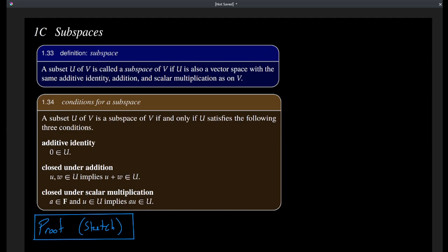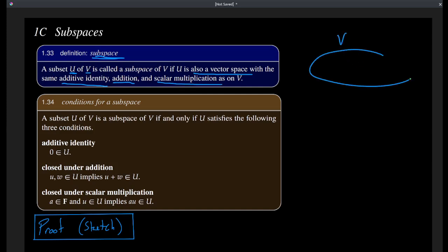So the first definition is a subspace. A subspace is a subset of a vector space that is also a vector space with the same additive identity, the same addition, and the same scalar multiplication. Here's the way you can think about it in your head.